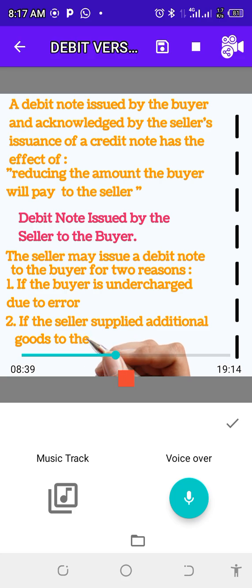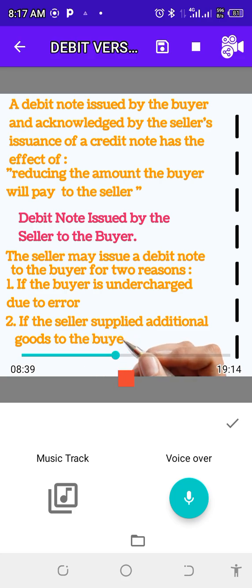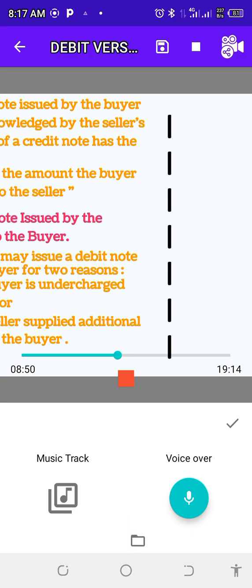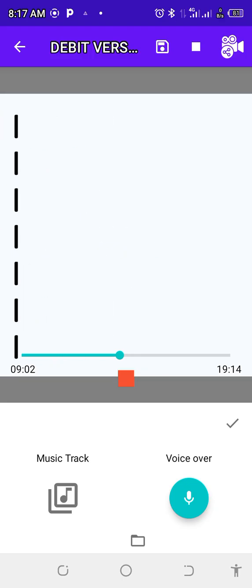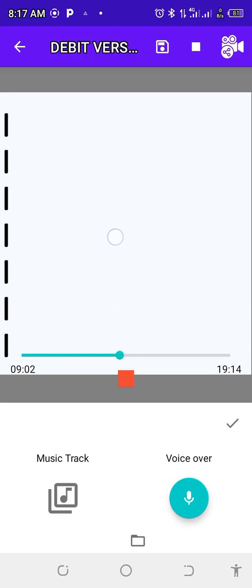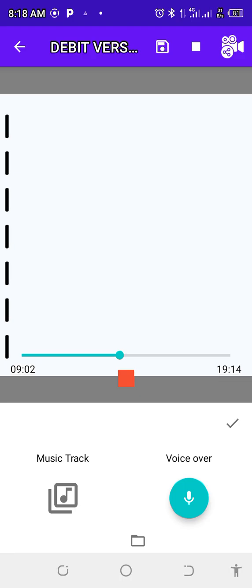In this case, the seller is complaining of undercharge. And when the buyer receives a debit note from the seller, asserting that actually there was undercharge, or he has received additional goods or services from the seller, then he will acknowledge that debit note by issuing a credit note to the seller.